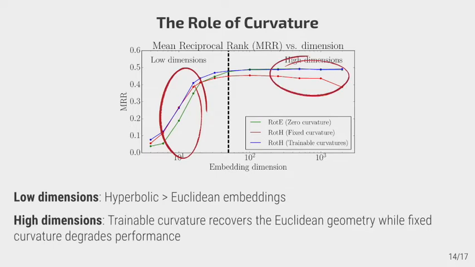In high dimensions, we observe that Euclidean embeddings have the best performance and trainable curvature recovers the Euclidean geometry. On the other hand, fixed curvature degrades performance, and this is due to trade-offs with machine precision, curvature, and dimension. In summary, using a trainable curvature parameter results in better performance in both low and high dimensional regimes.